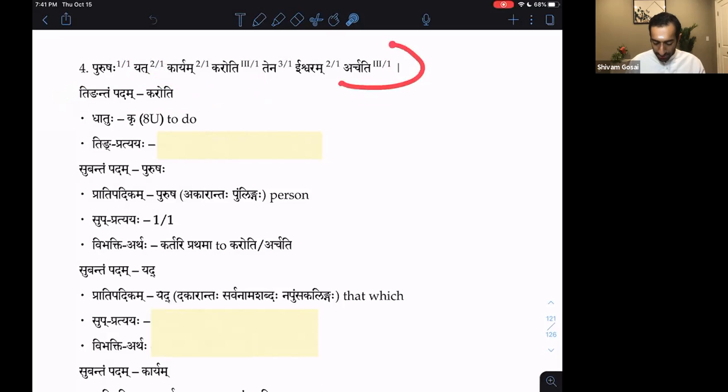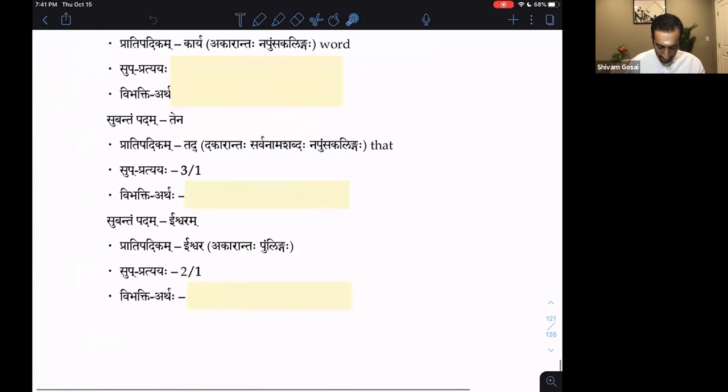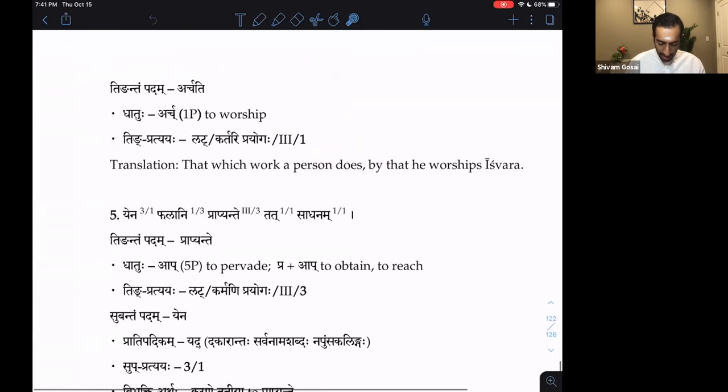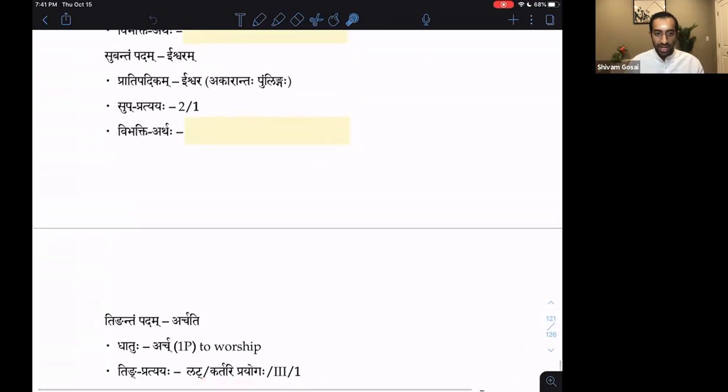So we'll pick up the verb first, archati. Archati, which is arch dhatu, 1P, to worship, right? Lat lakara kartri prayoga, third one. So it's active voice. So it's he, she, it worships, right? Something is worshiping, worships, active voice.